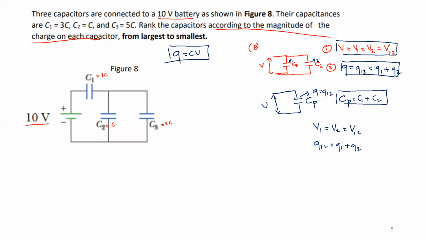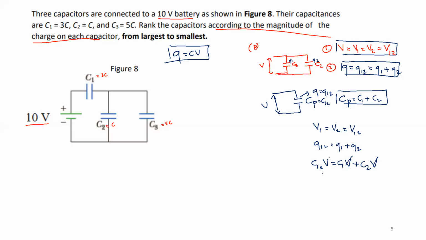Now, this means Q12 is just C12 multiplied by the voltage V. So this capacitor, C parallel, I call it C12, multiplied by the voltage V. And this is equal to Q1, which is C1 multiplied by the same voltage V, because V1 is equal to V12, plus C2V.